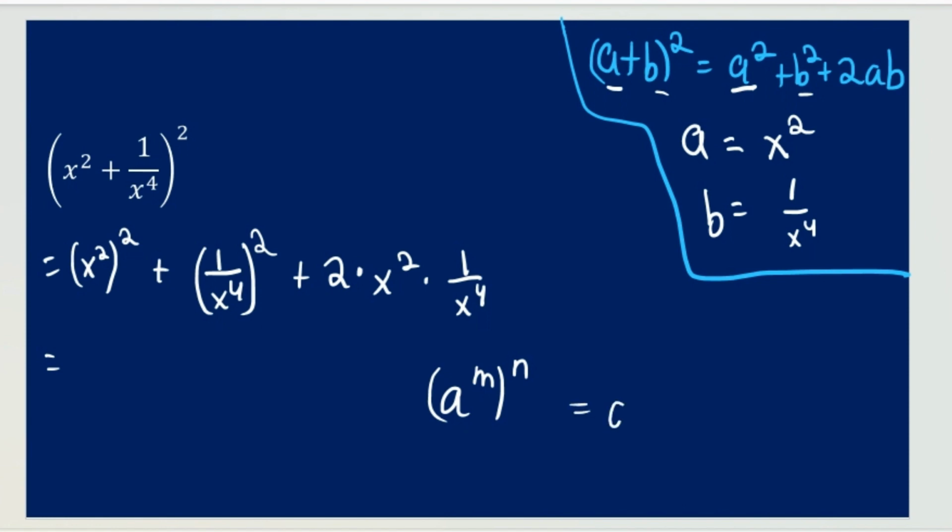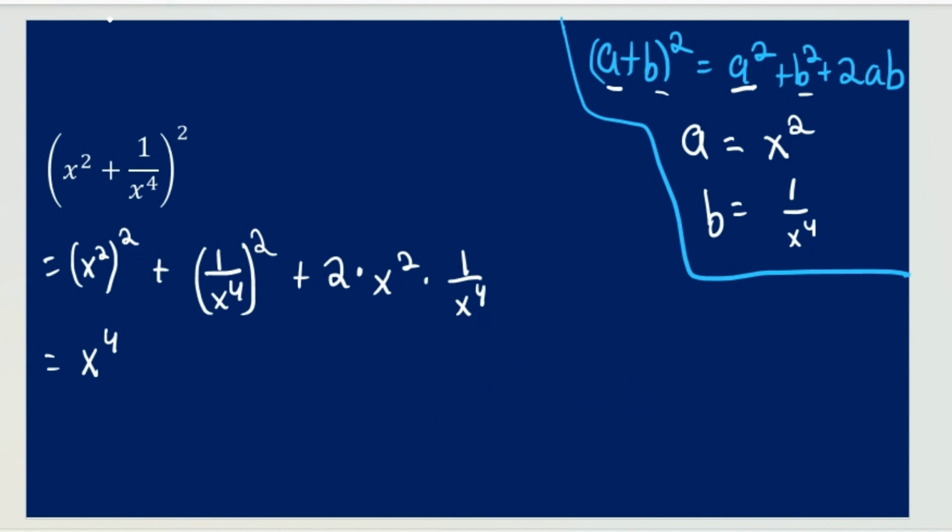So of course, the m and the n are 2 and 2, but then the a is actually x. Now we just solve it: x to the 2 times 2, and we know that 2 times 2 is equal to 4. So we're going to get x to the 4. Then I'm just going to erase all this.